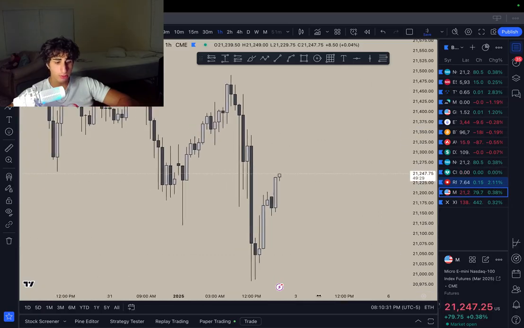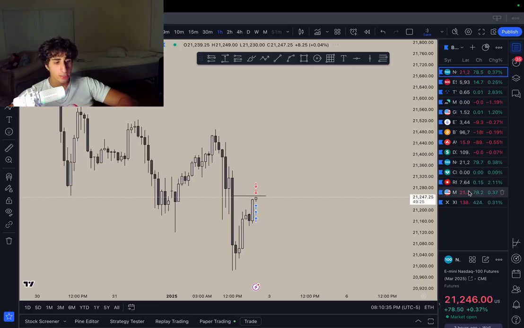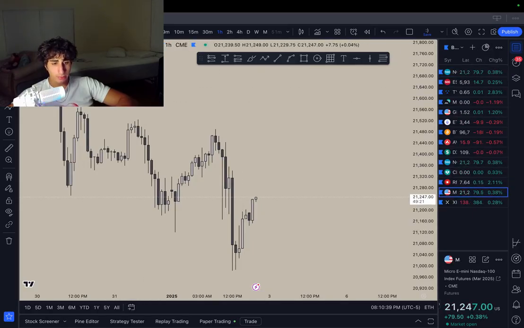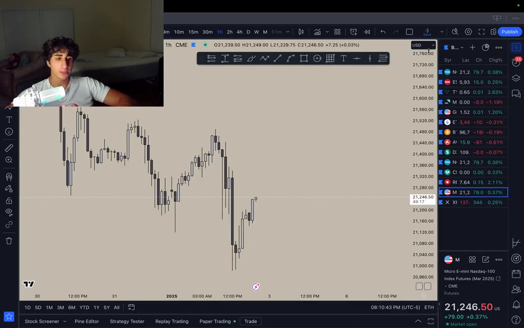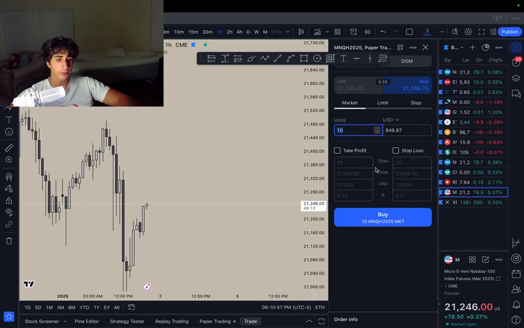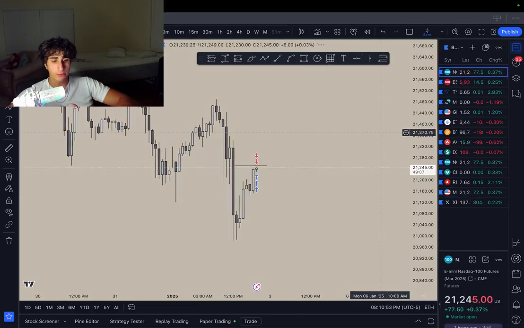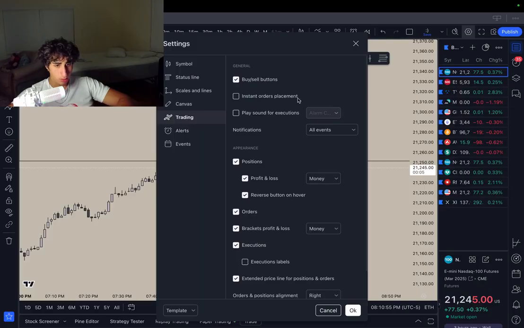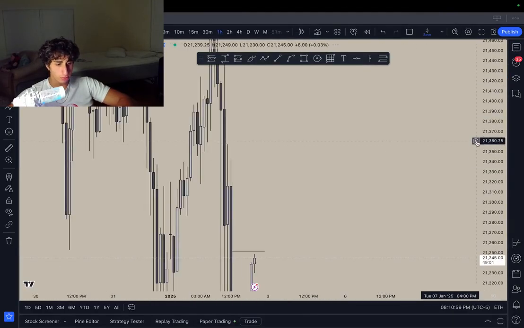So I can get 10 contracts in here, and I can have a bunch of take profits, and that's the benefit of trading with micros: you can have a bunch of take profits with 10 micros, whereas with one mini, you can only have one take profit, right? So that's just the benefit of trading with micros, if you guys were wondering.